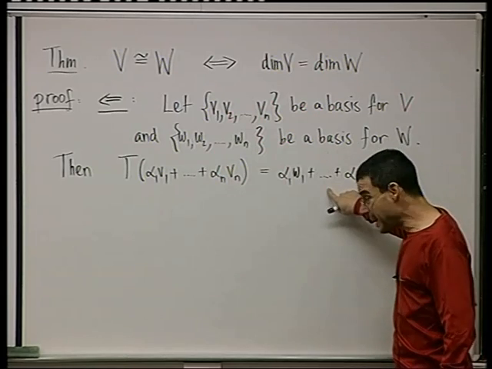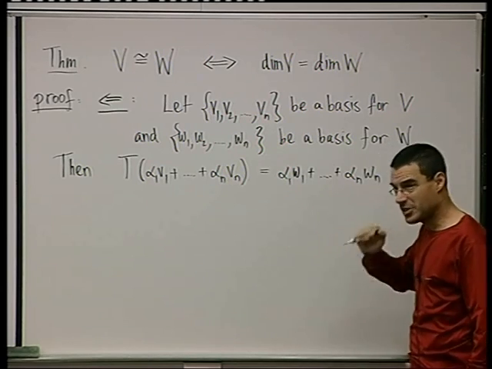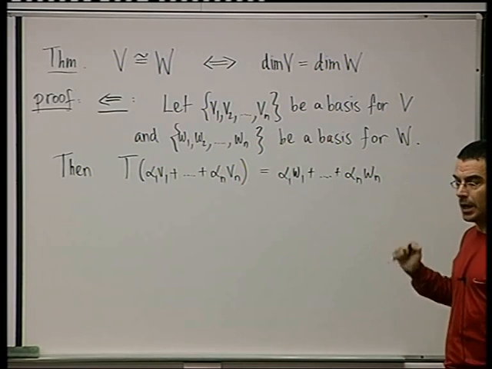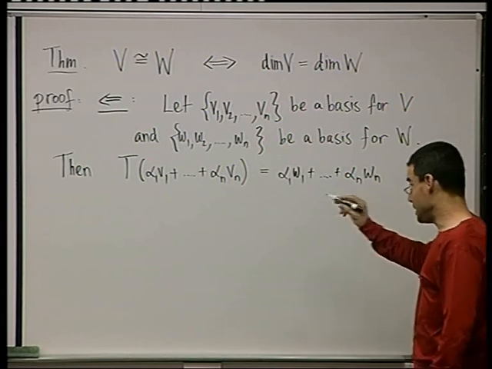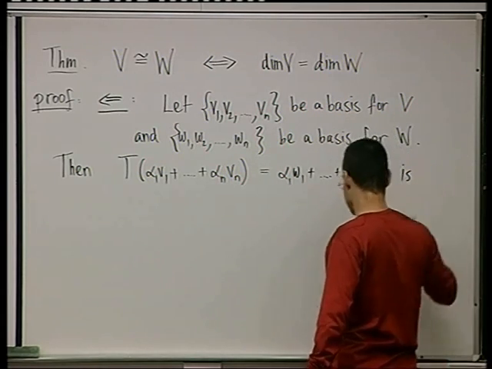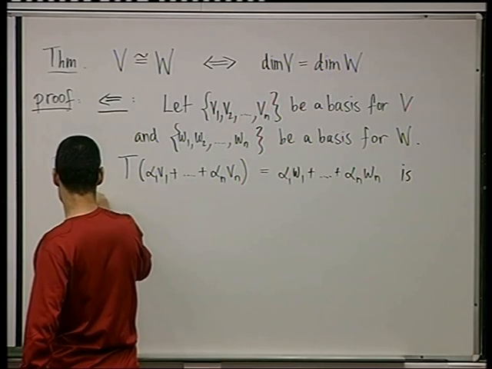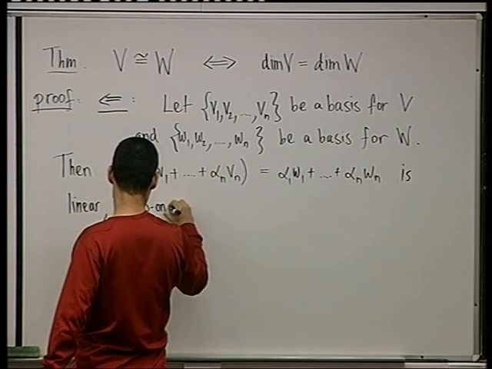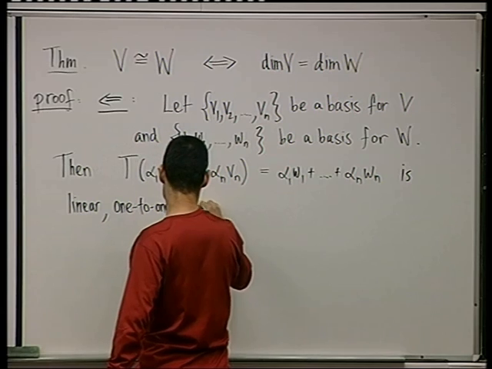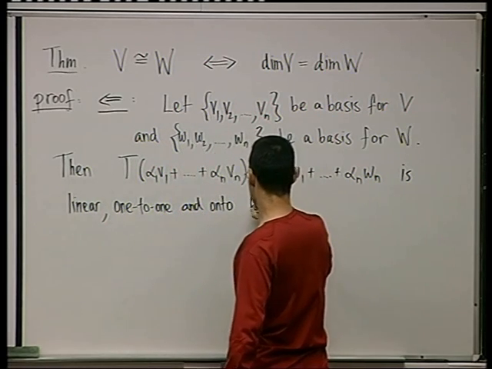And then if this is a basis, then it's not just linear, it's one to one and onto. This is the exact statement of the theorem that we had several lessons ago. Okay? Then this map is linear, one to one, and onto by a previous theorem.